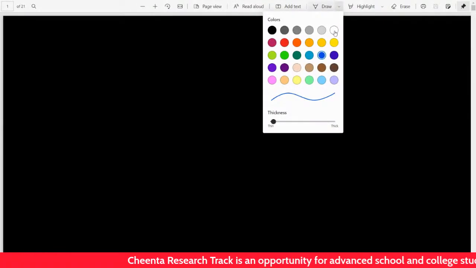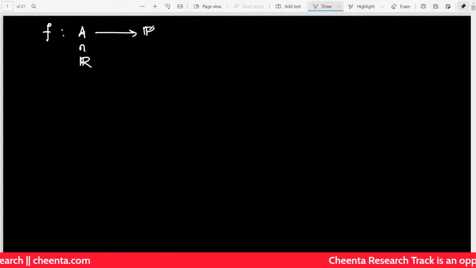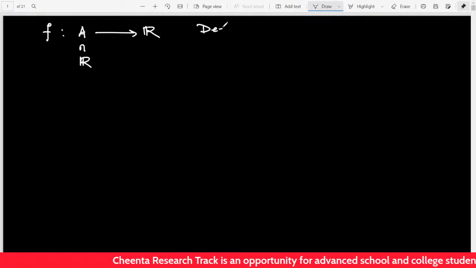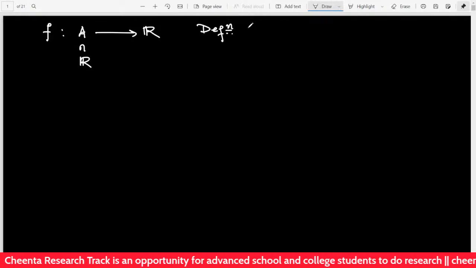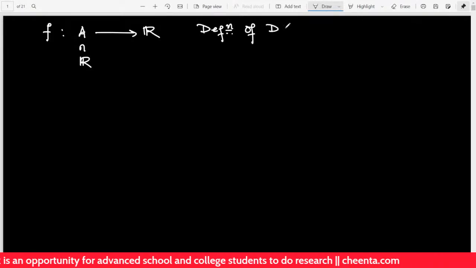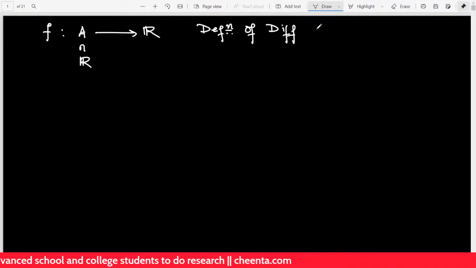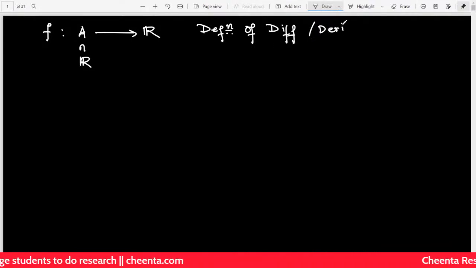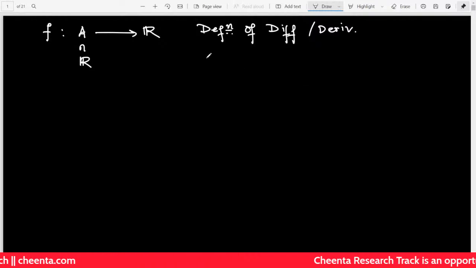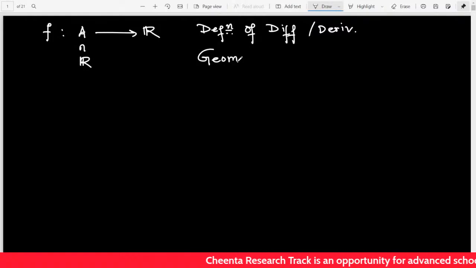So in real analysis, whenever we have functions from a subset of R to R, then we know what is the definition of differentiation, the derivative, and we also know what is the geometric significance behind that.